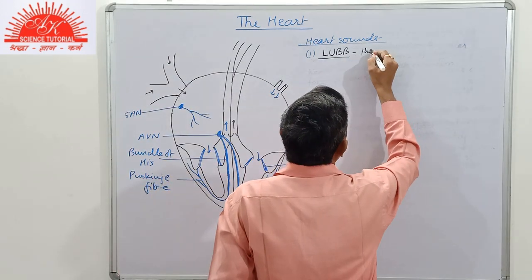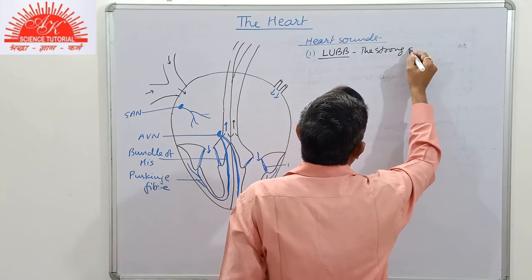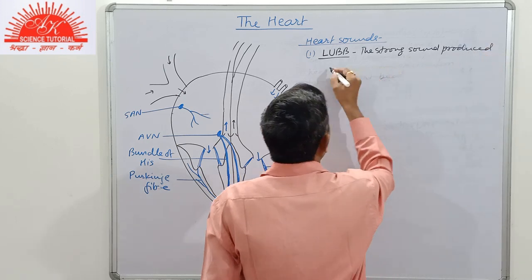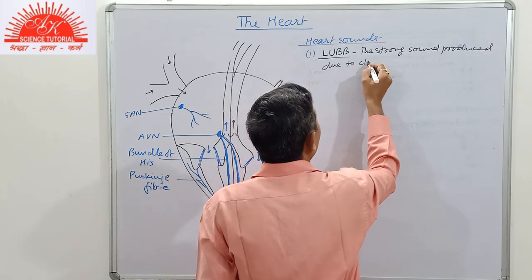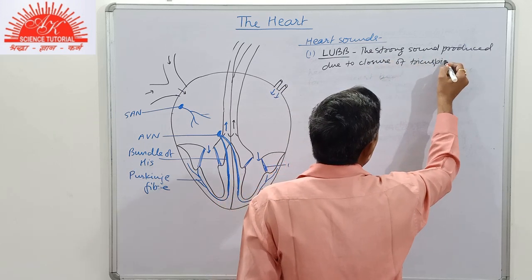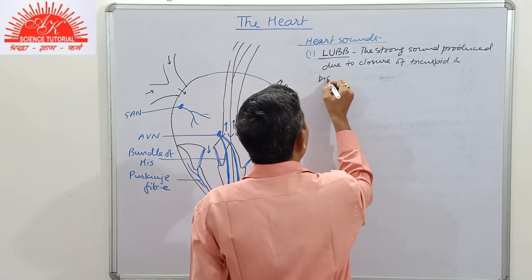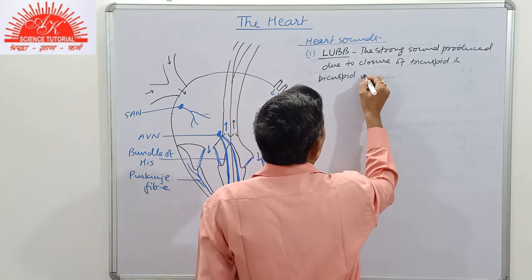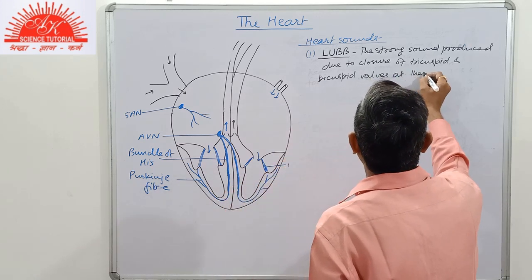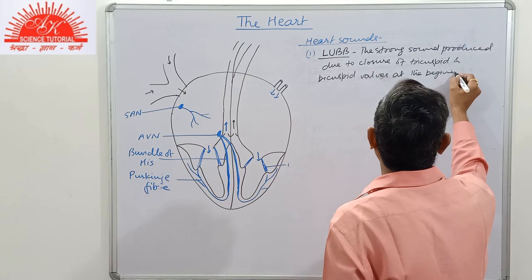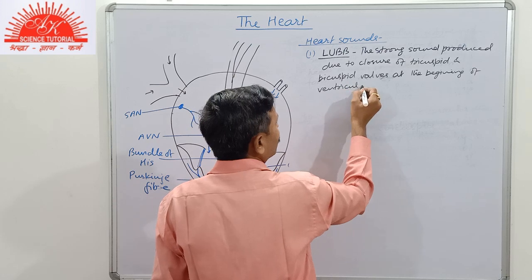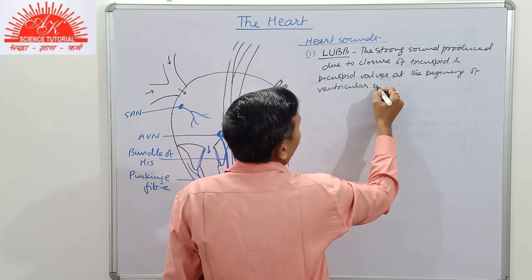So the strong sound is produced due to closure of tricuspid and bicuspid valves at the beginning of ventricular systole.